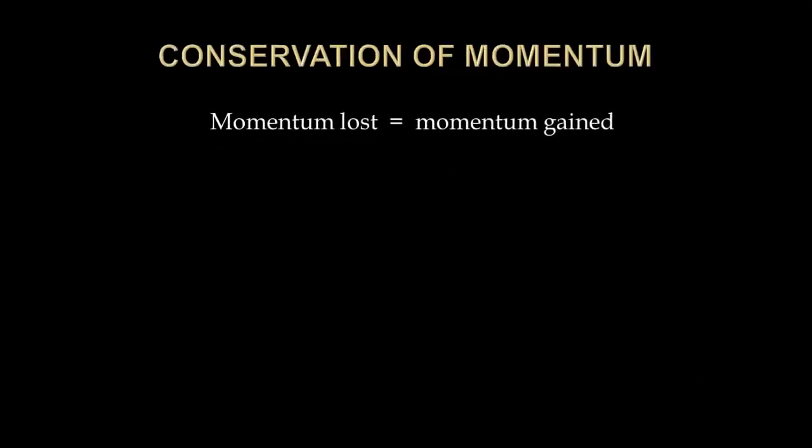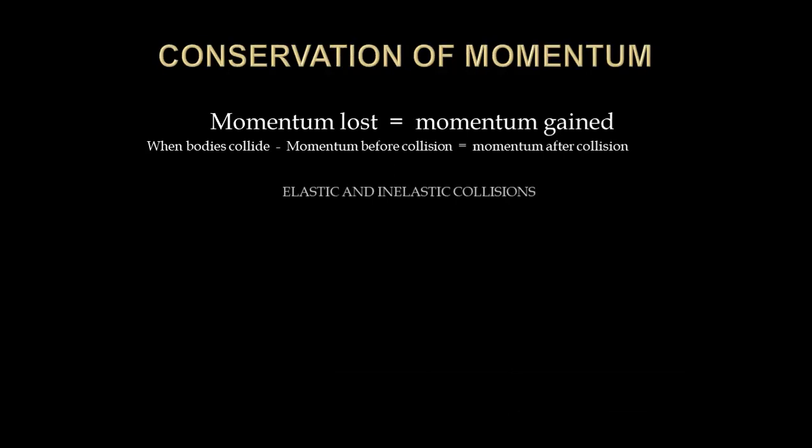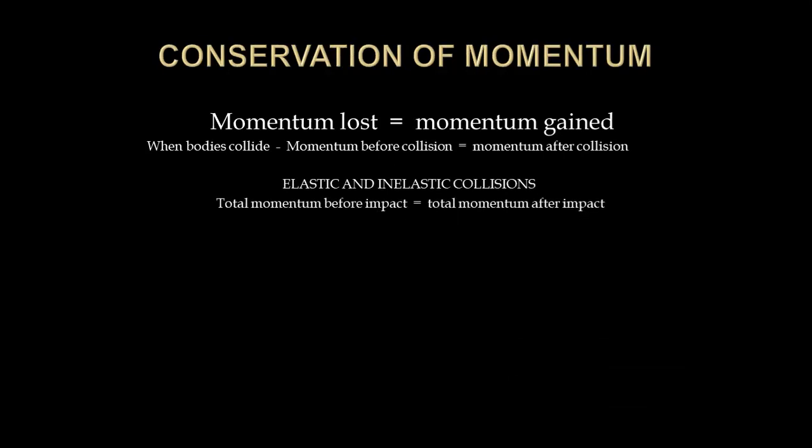The law of conservation of momentum states that momentum lost is equal to momentum gained. When bodies collide, momentum before collision is equal to momentum after collision. In elastic and inelastic collisions, the total momentum before impact is equal to the total momentum after the impact. In equation terms, this gives us m1u1 plus m2u2 is equal to m1v1 plus m2v2.